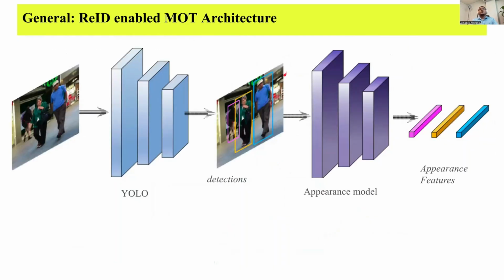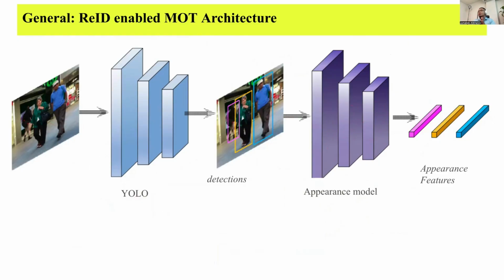All right, so in summary, general ReID-based tracking involves two CNNs, right? First, it goes through YOLO detection, and this is detected, and then it goes through the appearance modeling CNN, and this gives the appearance features for these three detections. So this is what the ReID-enabled architecture looks like in general.